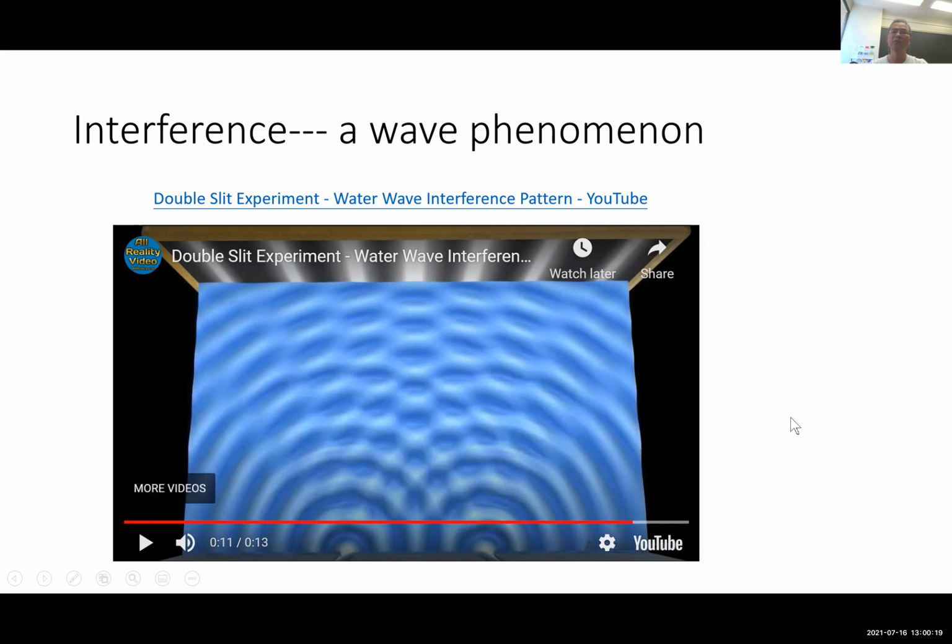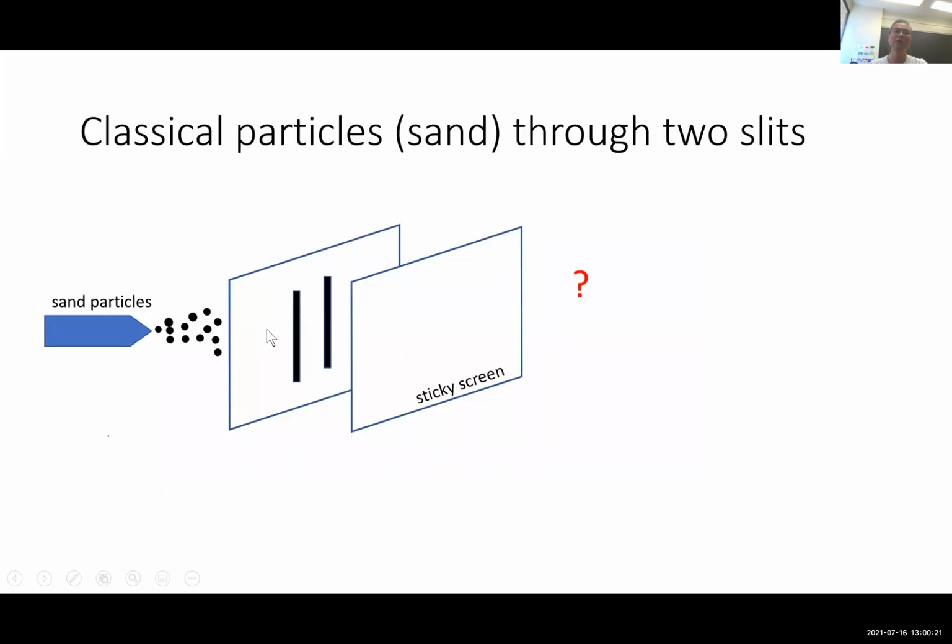You may also wonder, if we do this with particles such as sand, if I blow sand through the same double slit, what would happen on the screen? I think it takes no time for you to answer this question.